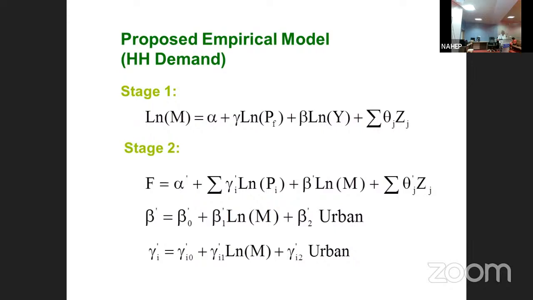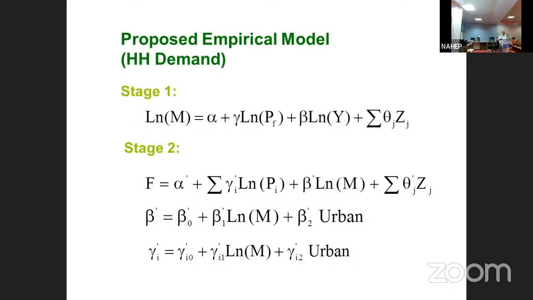We impose this restriction, then we estimate this model. Once we estimate this model, we estimate y, and place it over there. And then again we estimate this model, and there also we impose this restriction of homogeneity in income and price.